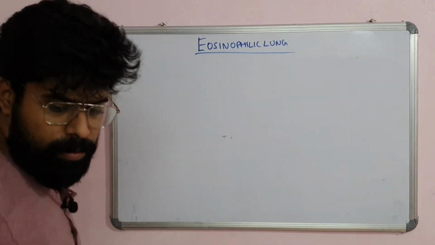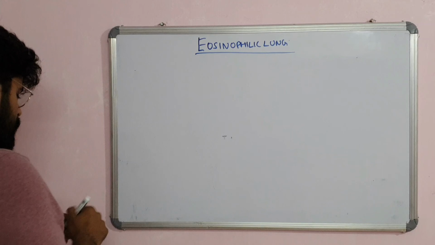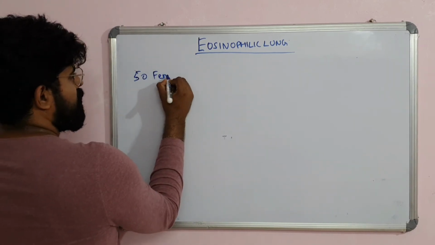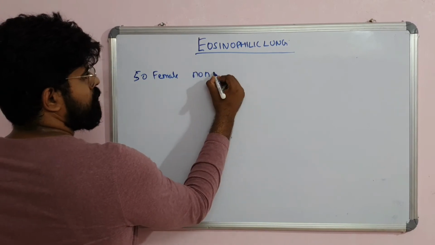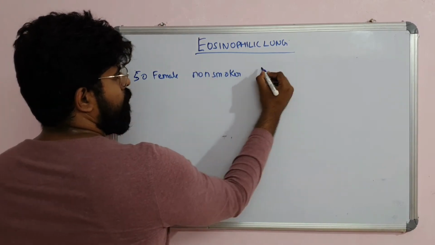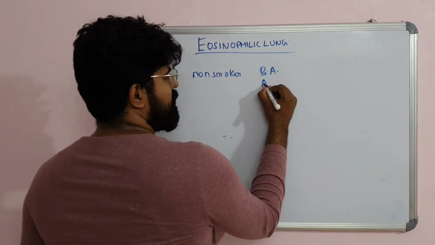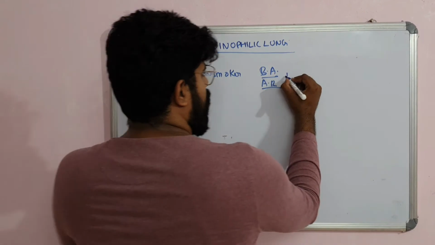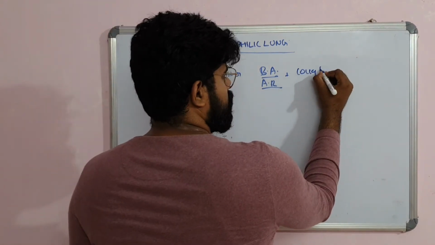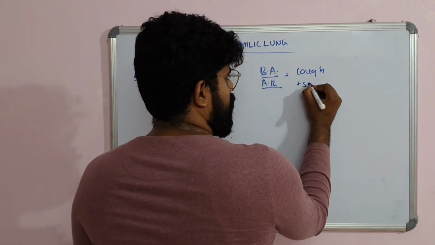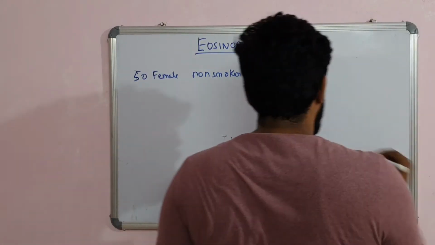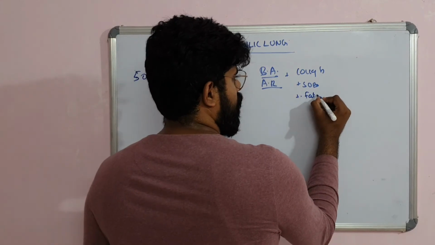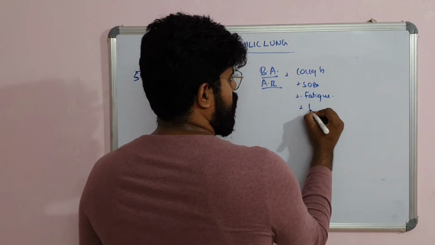Now, second will be chronic eosinophilic pneumonia. This will be a 50-year-old female, non-smoker, a known case of bronchial asthma or allergic rhinitis since childhood, presenting with cough, shortness of breath, fatigue, and loss of weight.